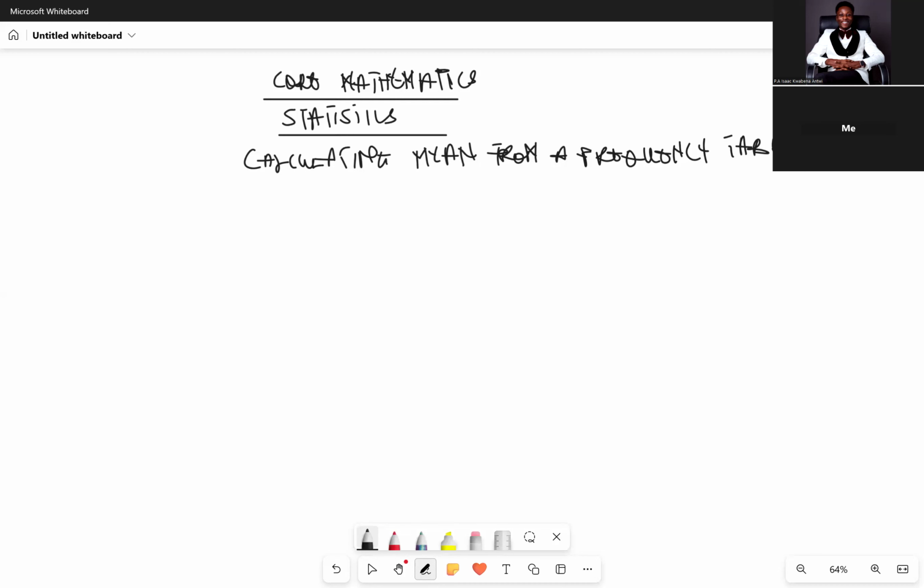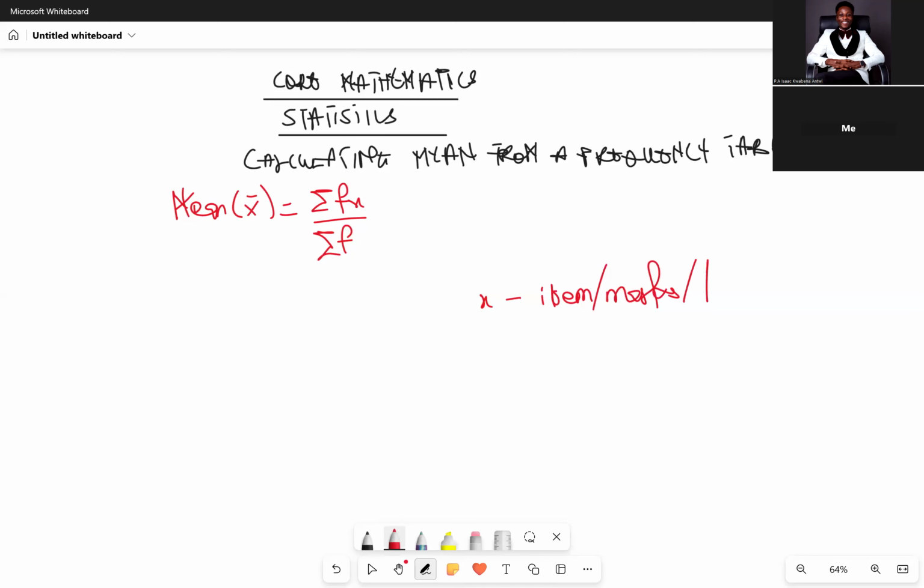To find the mean, it's equal to sigma fx all over sigma f. So if it's an ungrouped frequency distribution table, then the x there will stand for the item. Sometimes it's marks, sometimes it's height, sometimes it's ages of people.